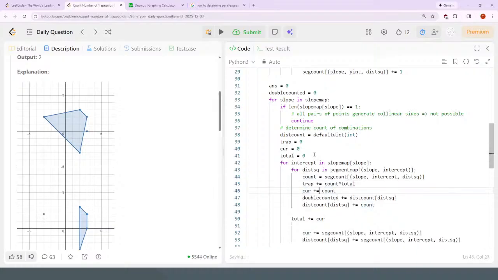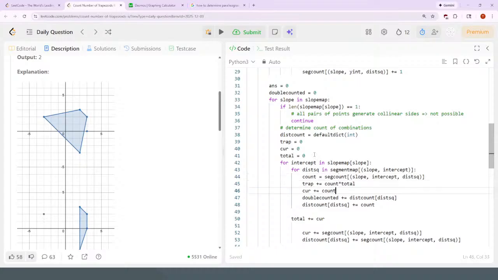Current is the stuff for the same slope intercept. And then total increases by the current. Yeah, I can't do this thing. I can't update the total immediately because I could be still dealing with the same thing on the same line.